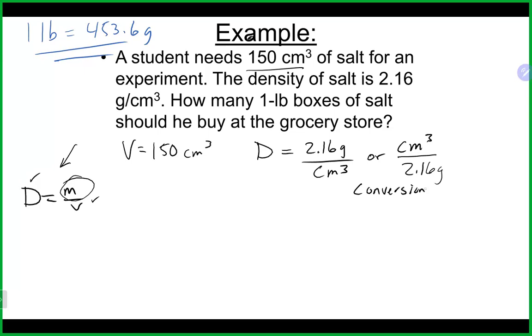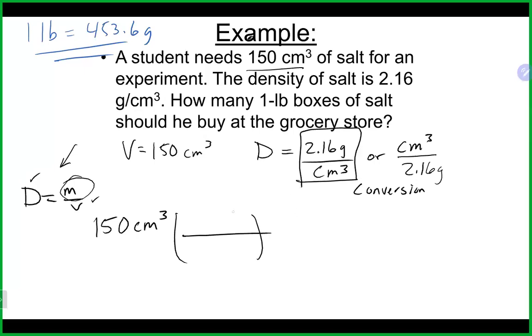If we take a dimensional analysis approach here, all we have to do is say, well, this is a volume and I want to end up with some type of mass, which is grams. So all I have to remember is opposite. So that one is opposite, so I'll just use it like that. And now without even thinking about the formula or rearranging the formula, I'm able to figure out the mass here by doing so.